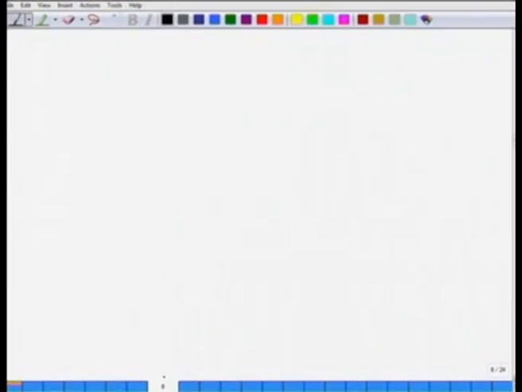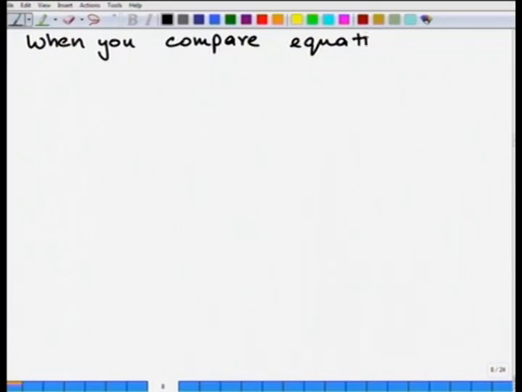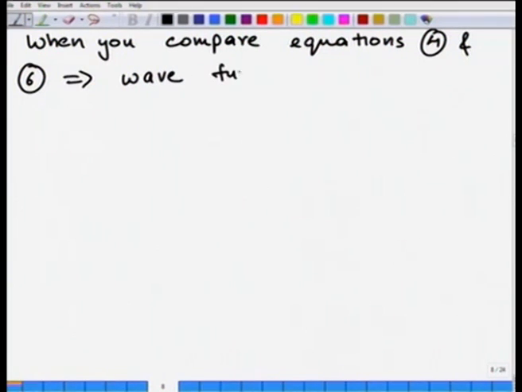So, when you compare equations 4 and 6, it implies the wave function has no unique k.